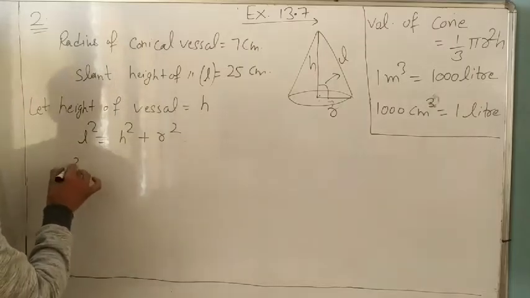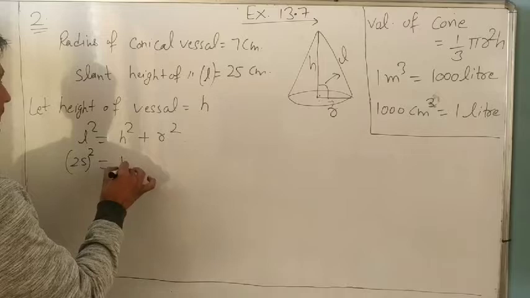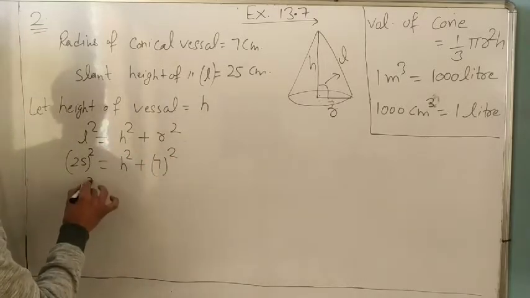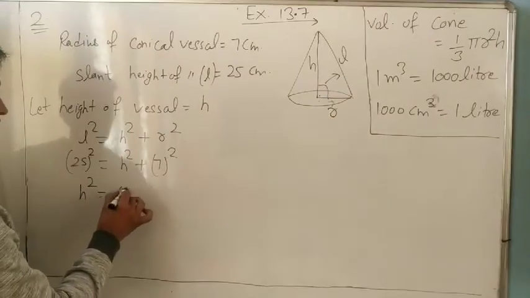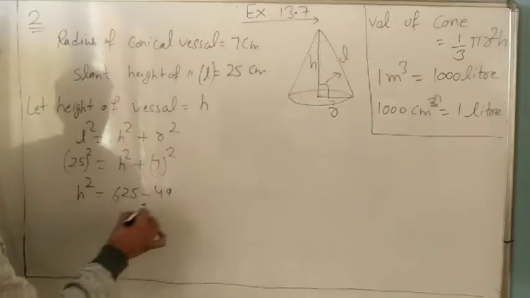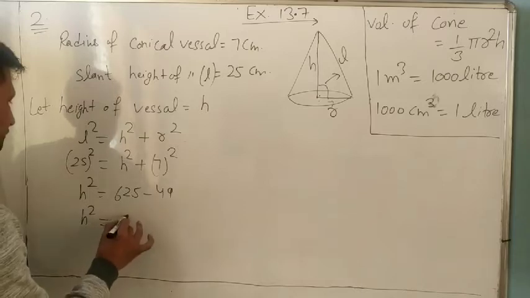L is given 25 square. Next h we want to find, r 7 square. We want to find h square, so 25 square, 625, minus 7 square, 49. So it becomes h square equal to how much?